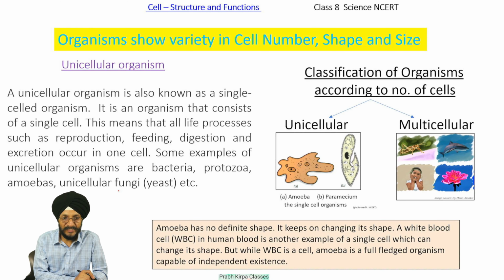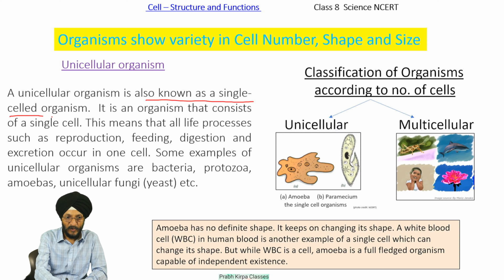Now the question is, organisms show variety in cell number, shape and size. A unicellular organism is also known as a single-celled organism. It is an organism that consists of a single cell.